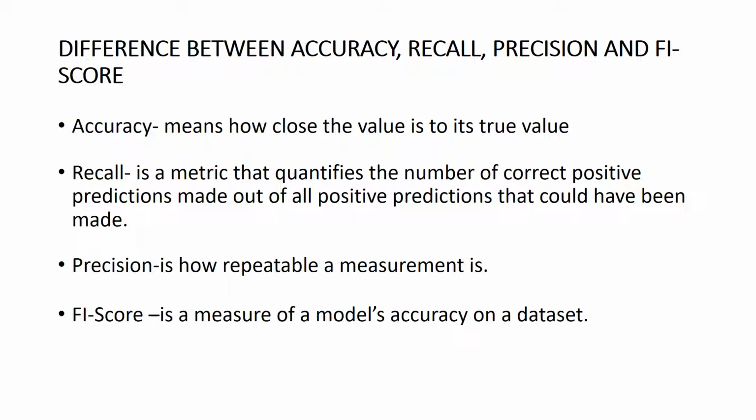So we are looking for the correct ones. We made so many positive predictions, but now we are looking for the correct ones that are really applicable to that AI. Then precision is how repeatable a measurement is. How are we going to repeat those measurements in different data sets? Then F1 score is a measure of a model's accuracy on a data set.